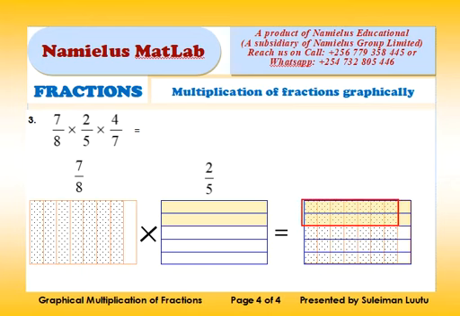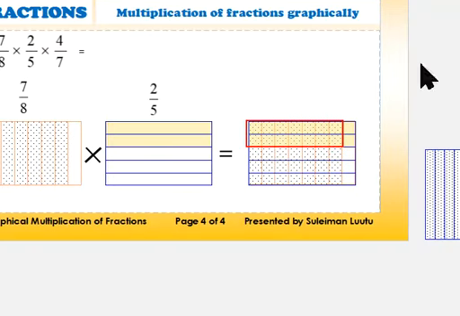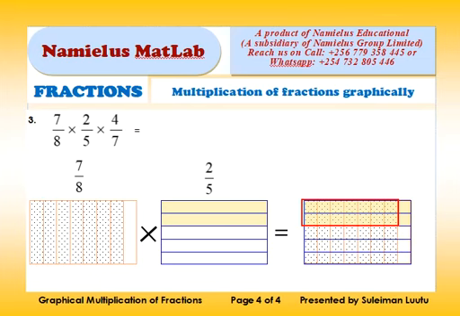Now it is 7 times 2, which will give you 14. So the partitions which are shaded twice are 14.